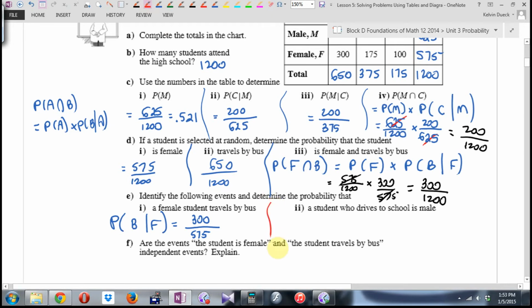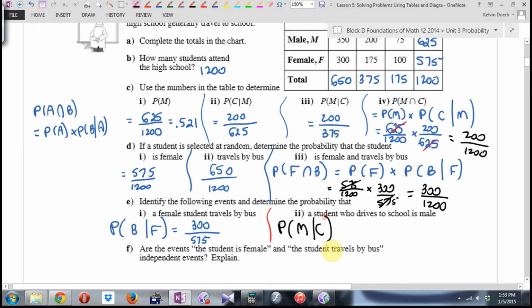What's the probability that a student who drives to school is male? So this is tricky to translate into math. What are they wanting me to find? The probability that they drive or the probability that they're male? So this is going to be find that they're male given that, what's the subgroup we're supposed to look at? What do we know? Do we use C or D?